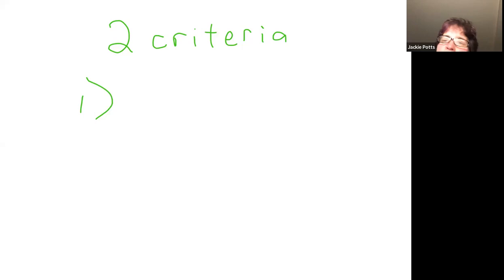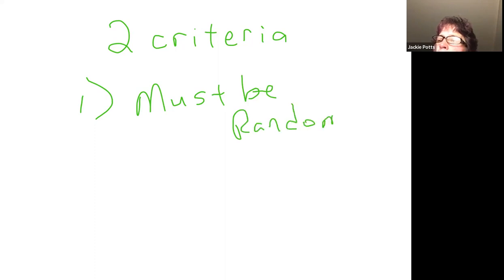We have two criteria. And this is before we can move forward. Criteria number one. You must have a random sample. So how do we know when they've done random sampling?